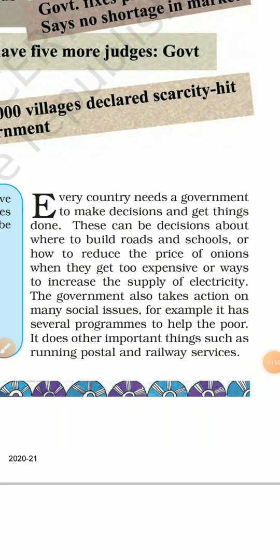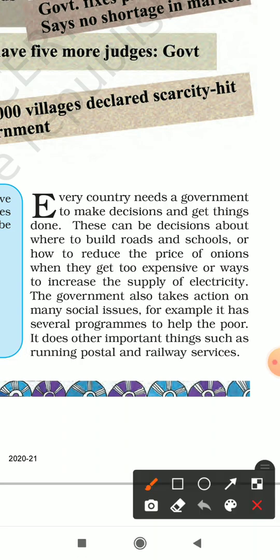Now, every country needs a government. And why does it need a government? To make decisions and to get things done, to do things and to decide what to do.